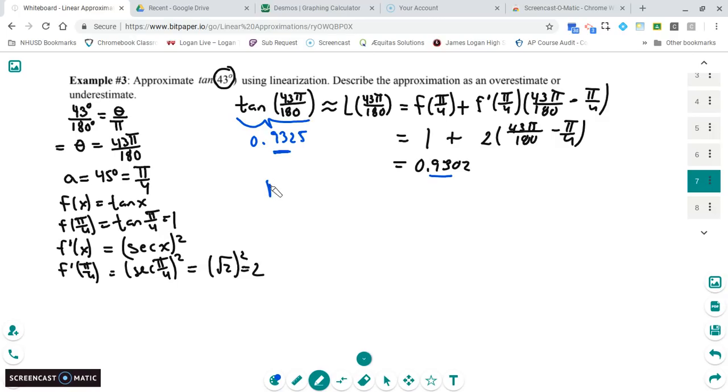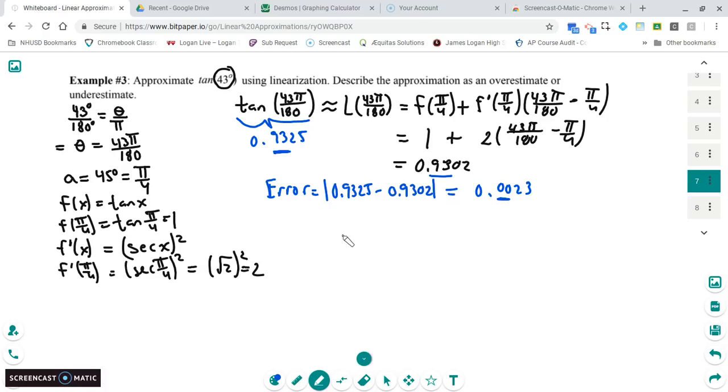Our error would be the positive difference between those two numbers. Since it's an absolute value, we don't care about the order of subtraction. And so that difference is 0.0023. And so you can see those 2 places of accuracy in the error.